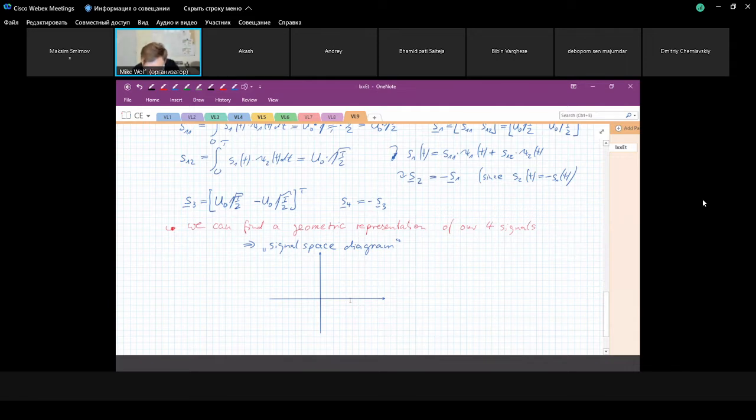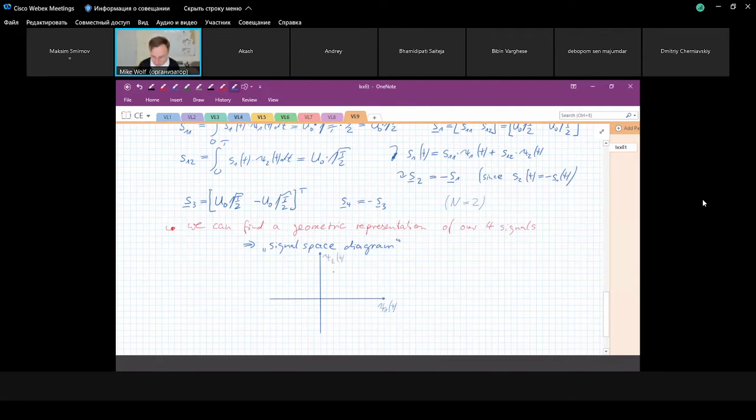In this example, since we need two basis functions, the dimension of the signal space is equal to 2. So we have two orthogonal basis functions. This one, C1 of t, corresponds to the horizontal axis, and the other one, which is arranged at 90 degrees because it's orthogonal, is C2 of t.